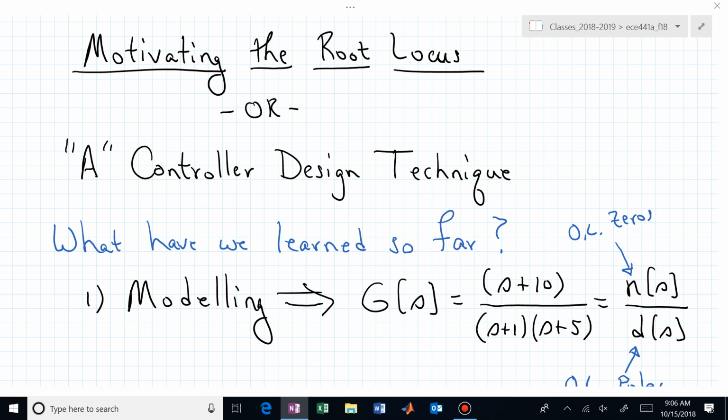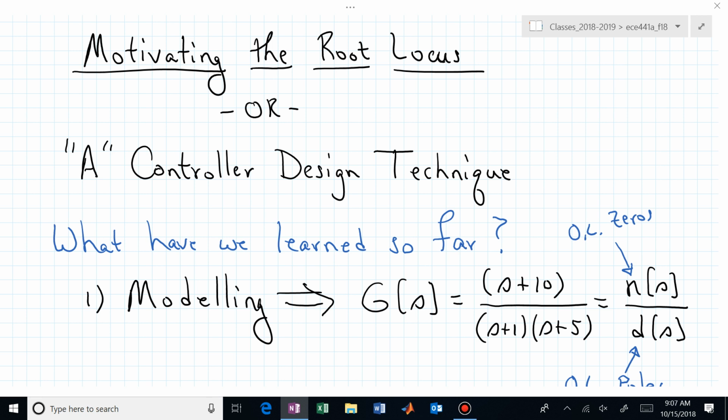And what we're talking about now is the idea of the root locus. You know what roots are. Those are roots of a polynomial. A locus is a pattern. And the root locus is really, how do the closed loop poles move around, how do they migrate on the complex S-plane as you adjust a parameter.